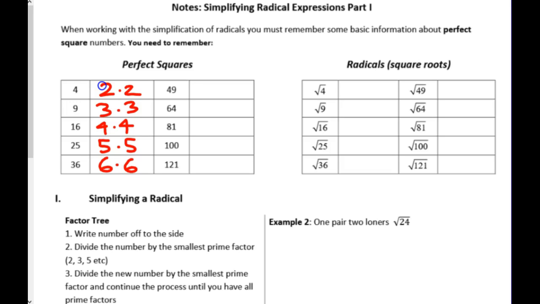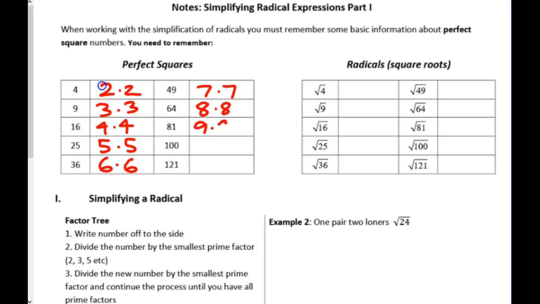It's really useful, in my opinion, to know your squares. Meaning, you could just look at 81 and you know that's 9 times 9. Yeah, 64, that's 8 times 8, right? 100 is 10 times 10. A lot of people forget 49, 7 times 7, okay?